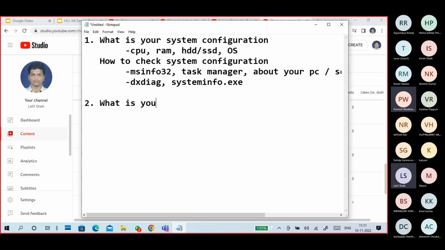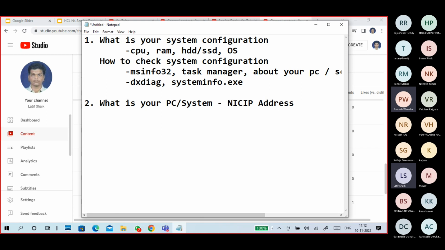What is your IP address? You don't have an IP address, right? Your PC has an IP address. Even this PC or system does not have an IP address itself. It has a NIC, and the NIC has an IP address.